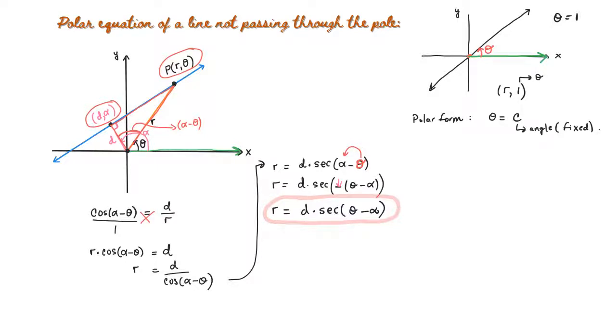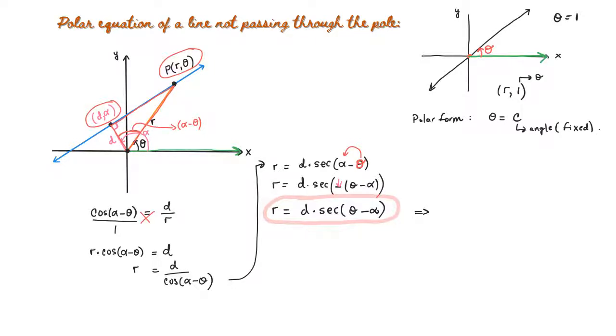There it is. So from now on, we know that this is the polar equation of a line on the Cartesian plane that doesn't pass through the origin. It doesn't have to pass through the origin. If it passes through the origin, we know that it is going to be theta equals c. If it doesn't pass through the origin, not a big deal. It is going to be d times secant of theta minus alpha, where you are going to have to know d, however.